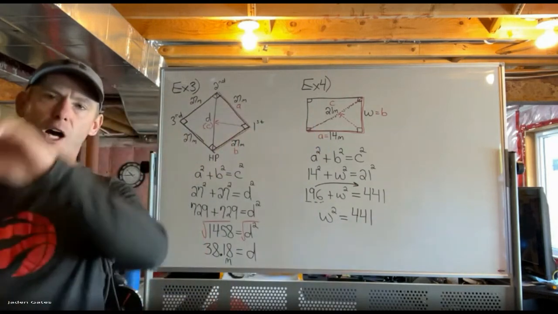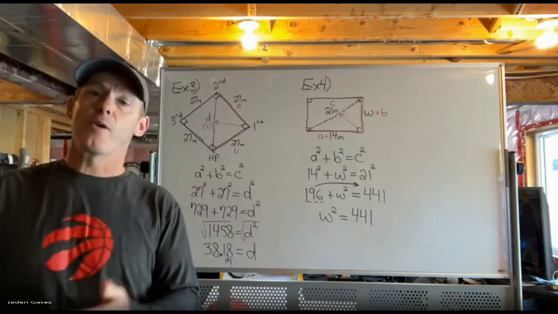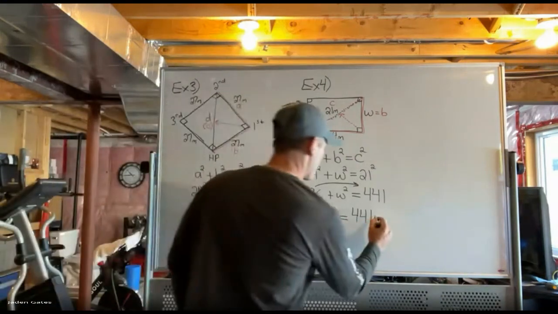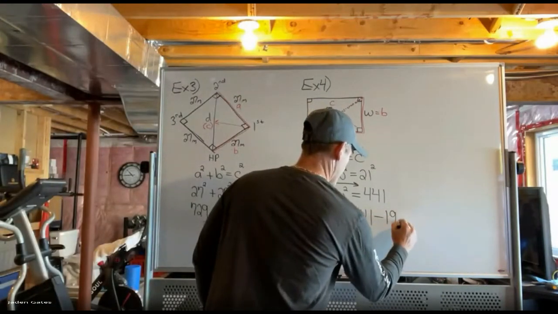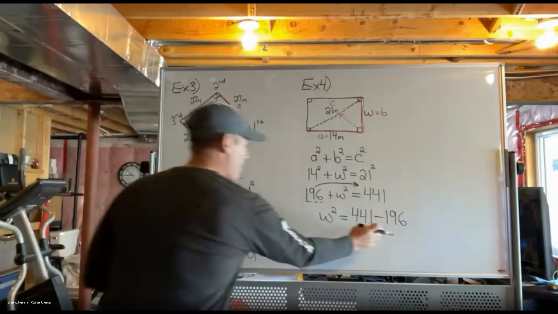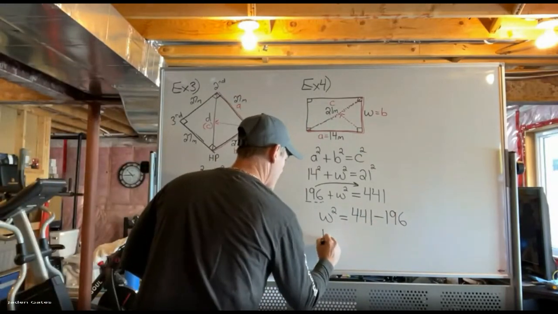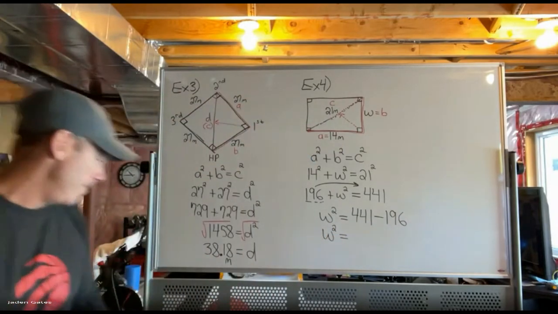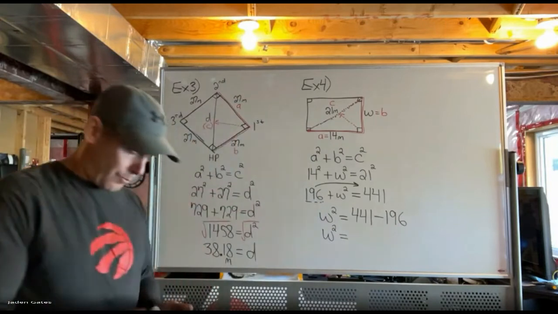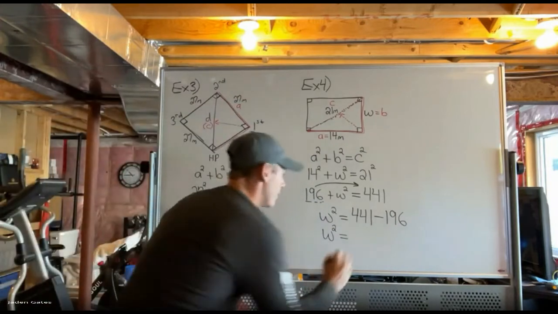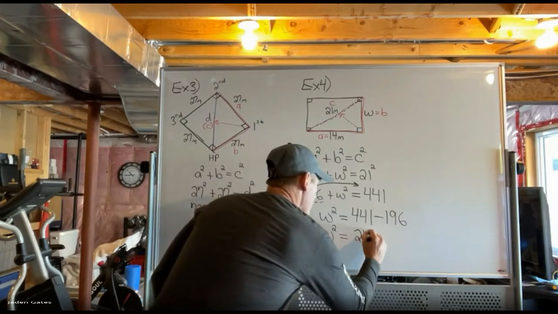I bring the 196 over, so now it's changing sides, changes sign, so now it's a minus 196. I can put these two numbers together now. They're on the same side. So I take my 441 and I subtract 196 and I get 245.